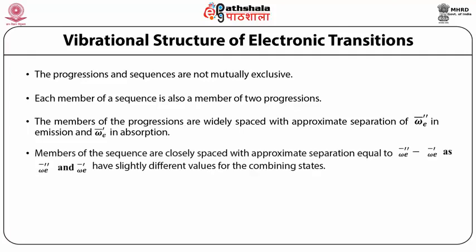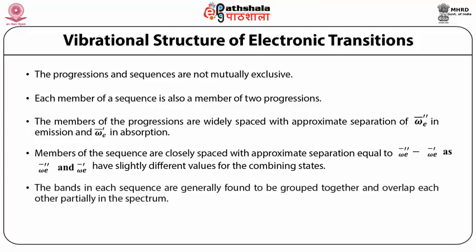Members of the sequence are closely spaced with approximate separation equal to omega e double prime minus omega e prime, as omega e double prime and omega e prime have slightly different values for the combining states. The bands in each sequence are generally found to be grouped together and overlap each other partially in the spectrum.